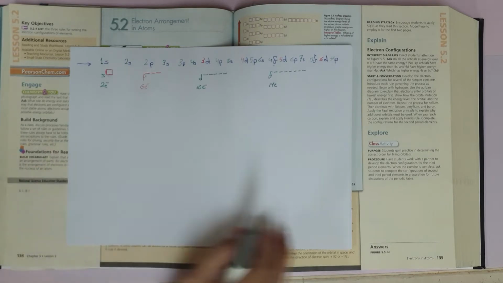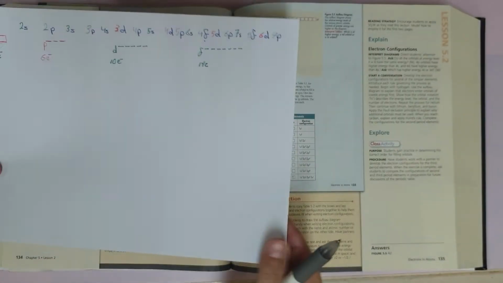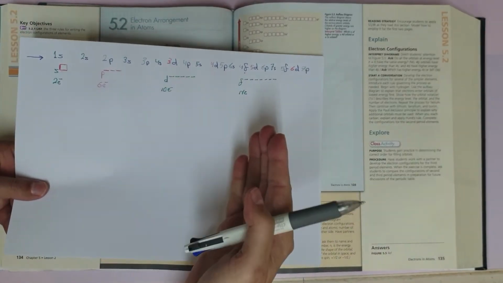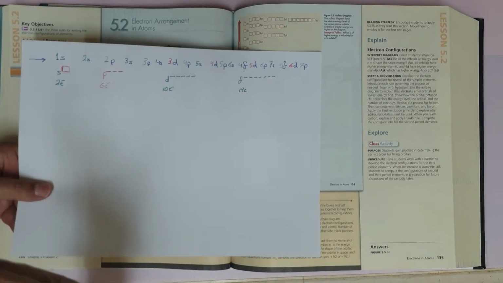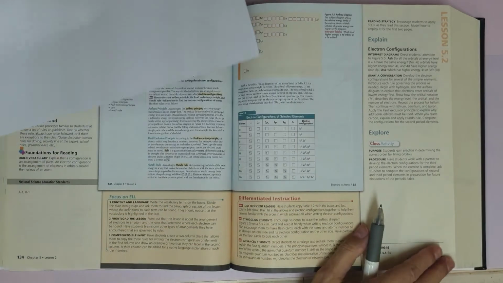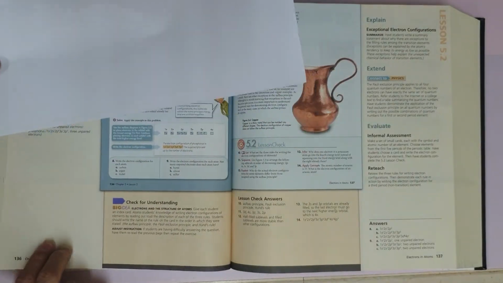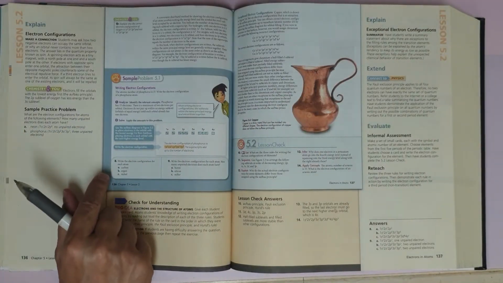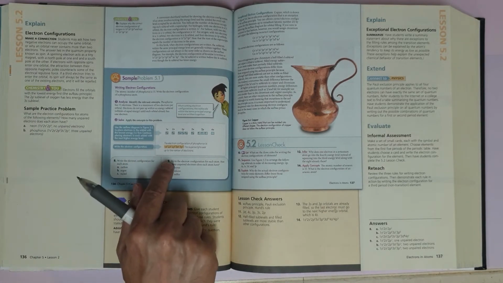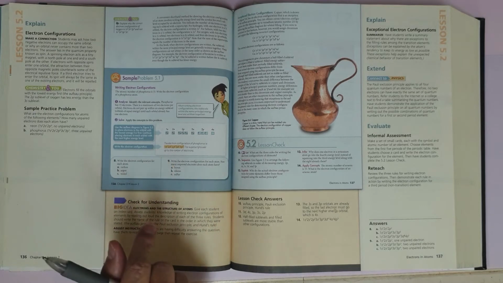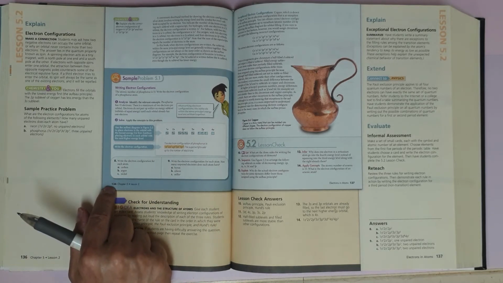Now, let's try. That's what we have studied in the last 2 sessions in our class. Now, I will try to answer question number 8 and question number 9, page 136.